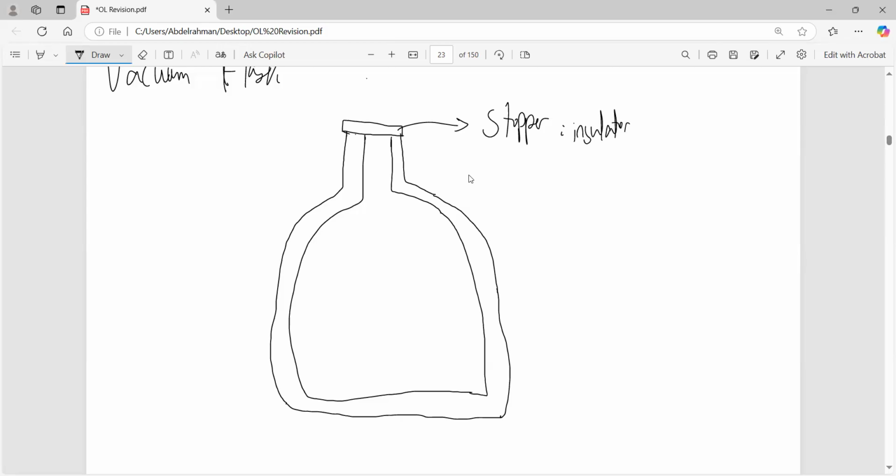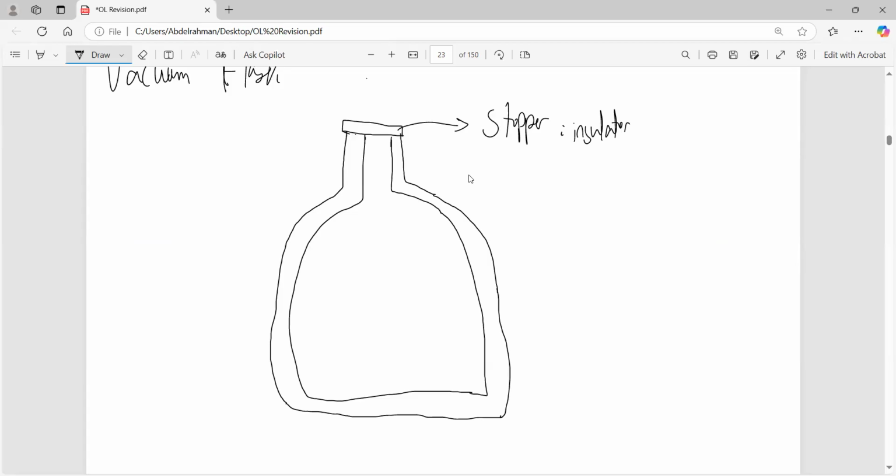Because this stopper will prevent convection and decrease the heat loss by convection. No hot air molecules would be able to move up and no cool molecules would be able to move down.